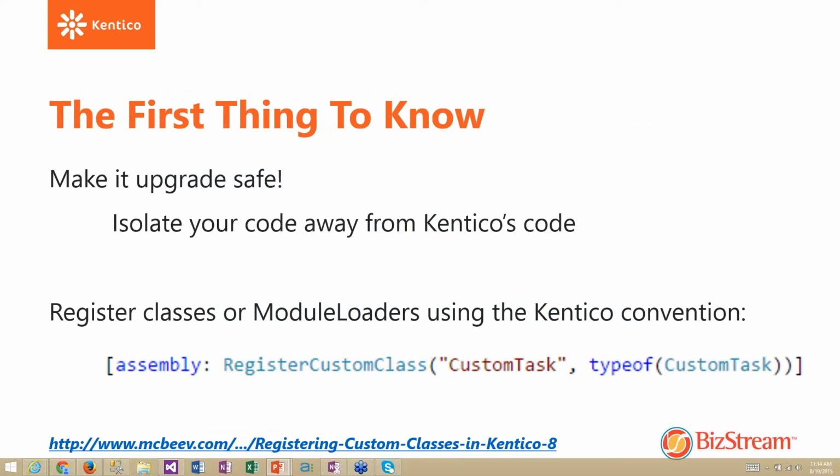If you want a full example, I provide a link at the bottom of my blog for where you can go to register custom classes. It's pretty easy, and most developers have probably seen this, so nothing earth-shattering, but that's the first place to start. And don't think that you can just write any C# you want and Kentico will know about it. You have to register it into the system, and that's how you do it.